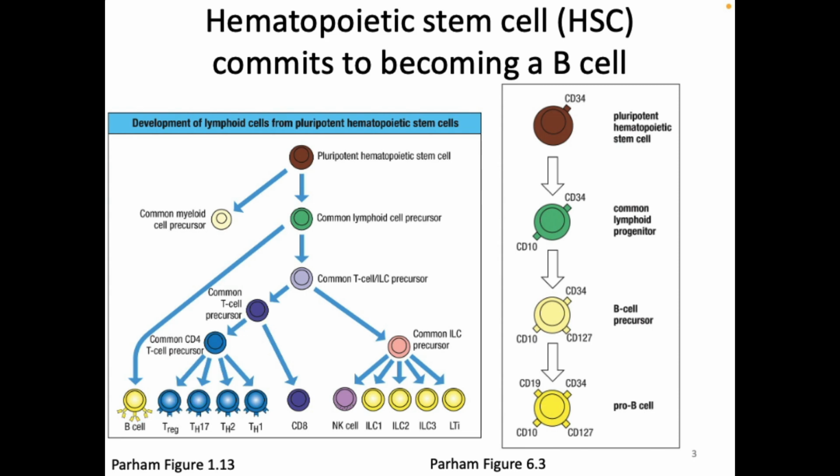So if you look at this pro-B cell here, you can see some proteins listed on the surface of the pro-B cell. Are any of those proteins labeled as the B cell receptor or anything that has to do with B cell receptor? So we've got some proteins, but none of them are the B cell receptor.